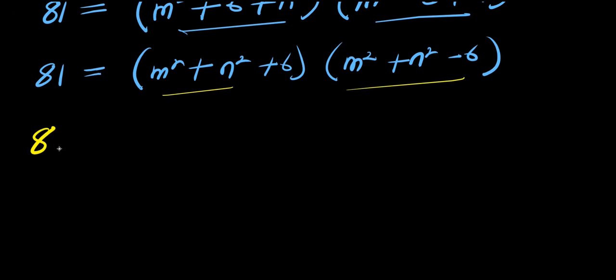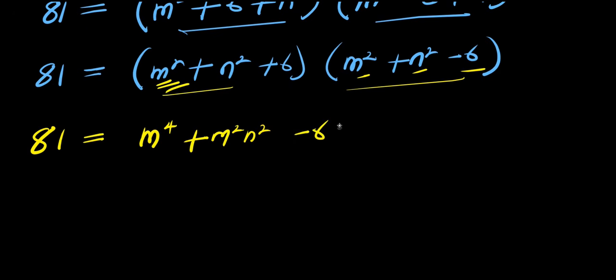So we have 81 equals m squared times m squared, m power 4, m squared times n squared. This is m squared n squared, m squared times negative 6, minus 6m squared. n squared times m squared. This is plus n squared m squared. n squared times n squared.